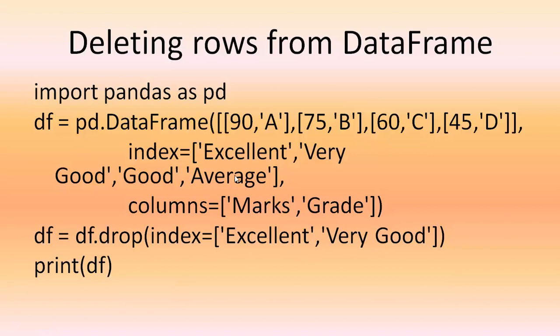The rows with excellent or very good will be deleted. So excellent, here 90 A, will be deleted, and very good, here 75 B. These two rows will be deleted. In this manner you can delete rows from a particular data frame. Understand?